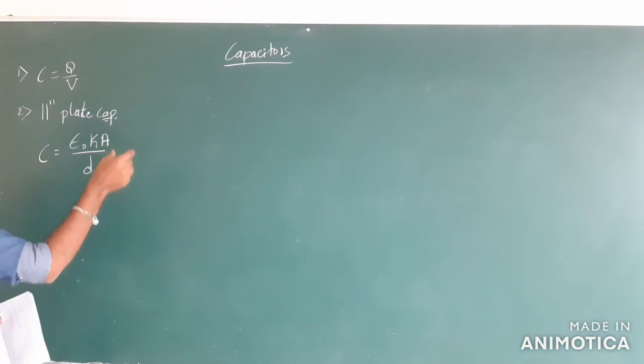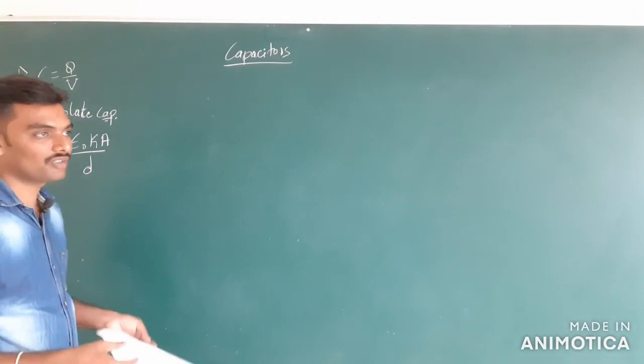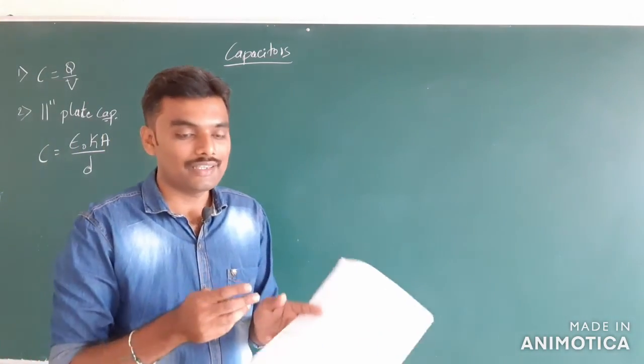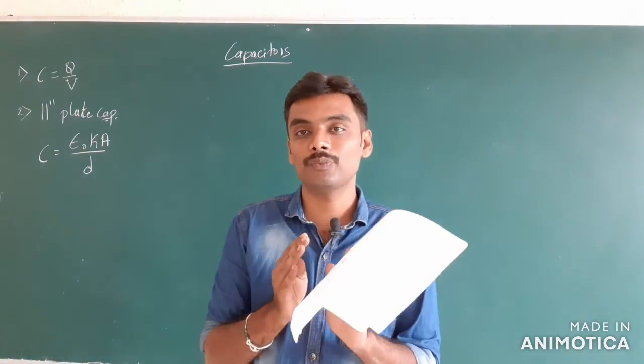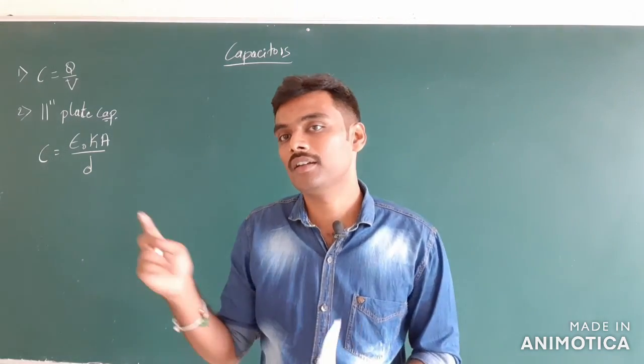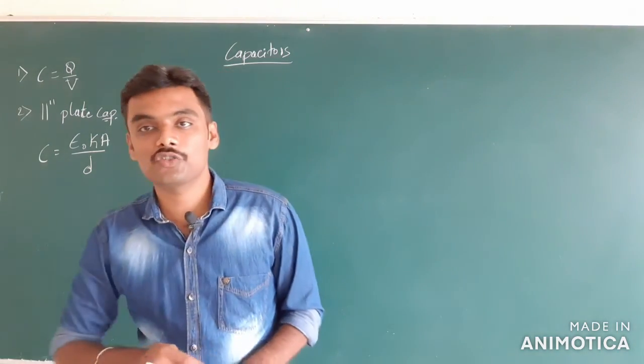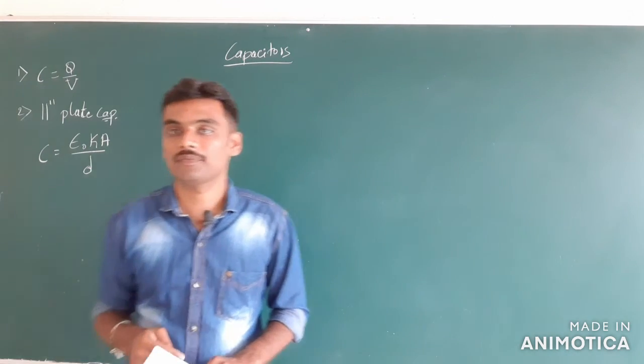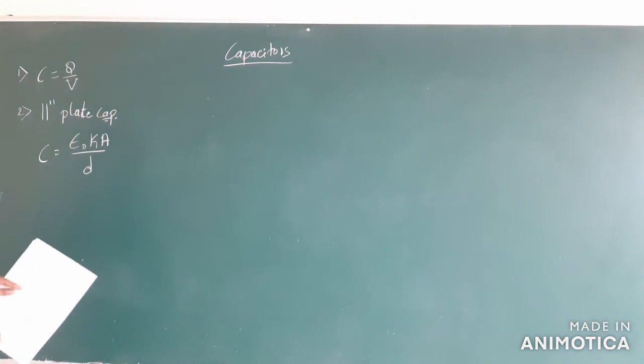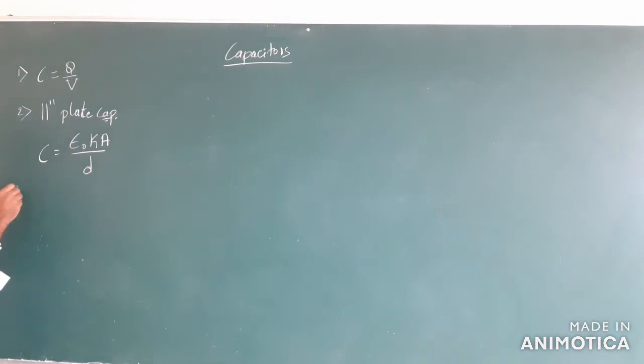If the medium is not filled, which means if there is air or vacuum between the plates, then the value of K should be taken as 1. So that is the second formula, an easy one.